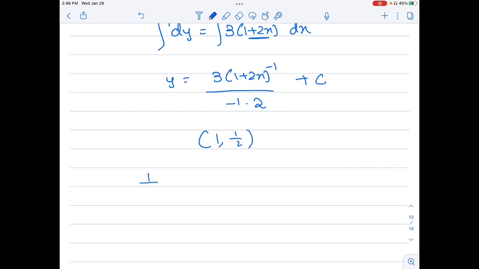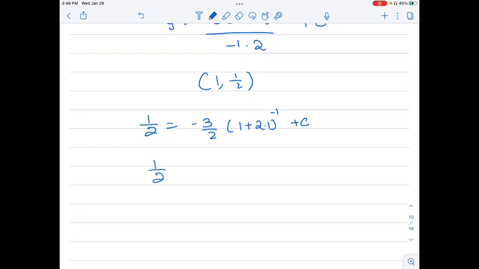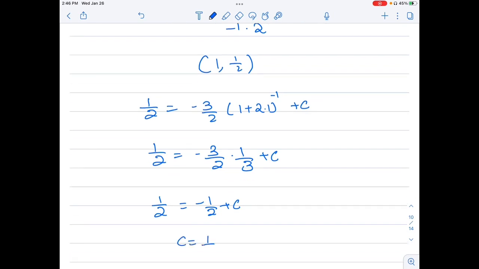So 1 upon 2 equals minus 3 upon 2 times 1 plus 2 times 1 whole to the power of negative 1, plus c. So 1 upon 2 is equal to minus 3 upon 2 times 1 upon 3 plus c. 1 upon 2 equals minus 1 upon 2 plus c. So c is equal to 1 upon 2 plus 1 upon 2, which is equal to 1.